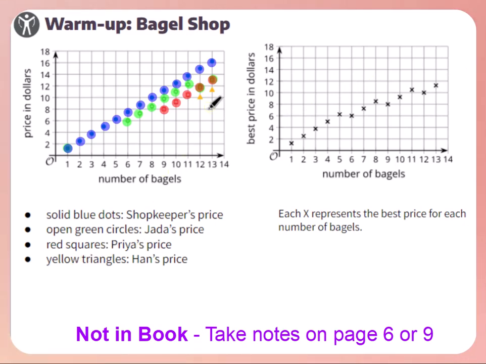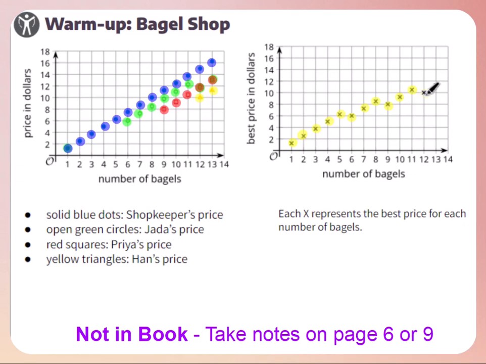And then finally, the yellow triangles, that's where Han finds one more discount when you buy 12 bagels to get it cheaper. So it looks like his prices are always the same or lower than everyone else's. So we're going to take all 4 and we're going to plot the lowest price for each. So you can see that it goes up and down.